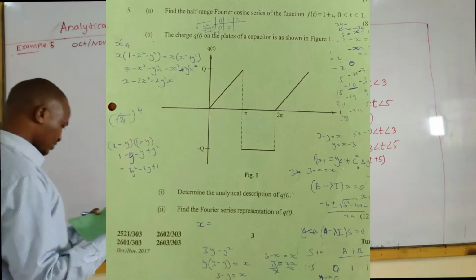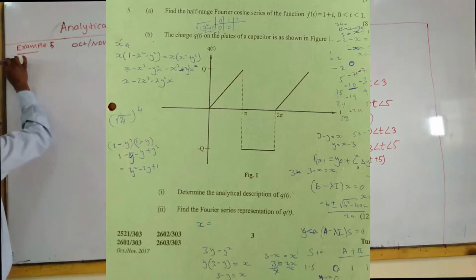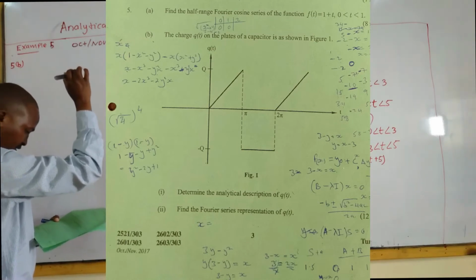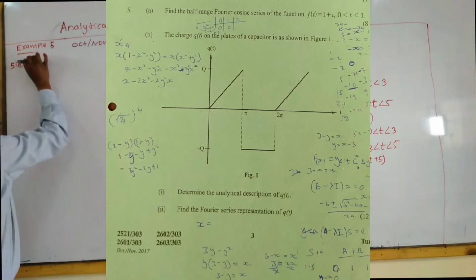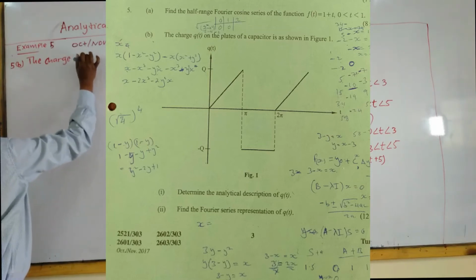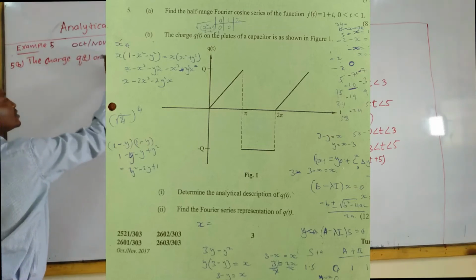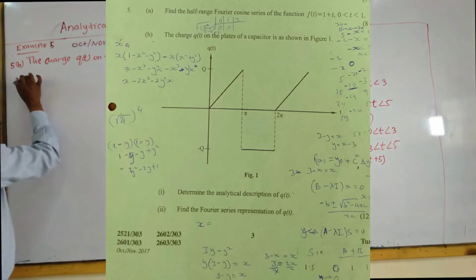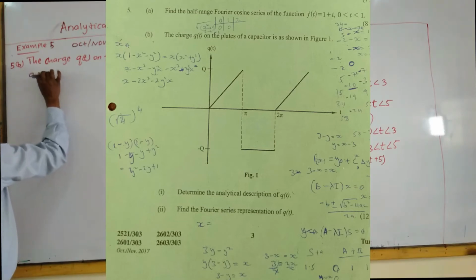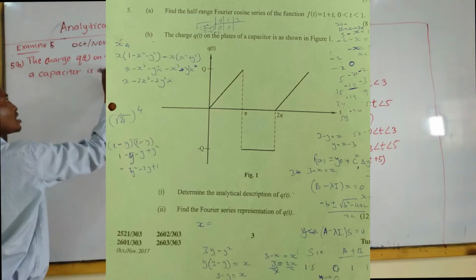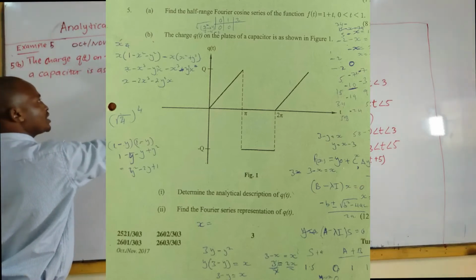We are told in this question 5b, the charge Q of t on the plates of a capacitor is as shown below.